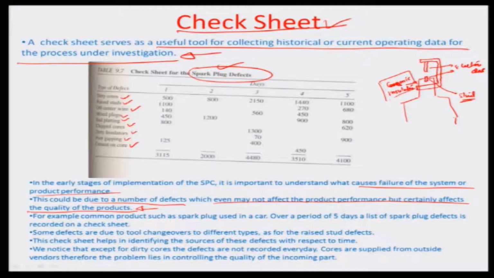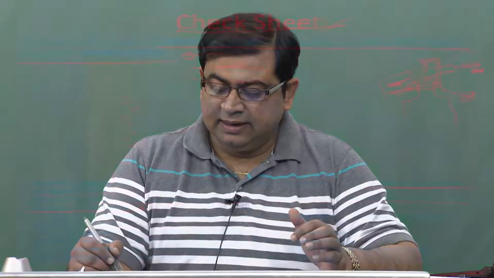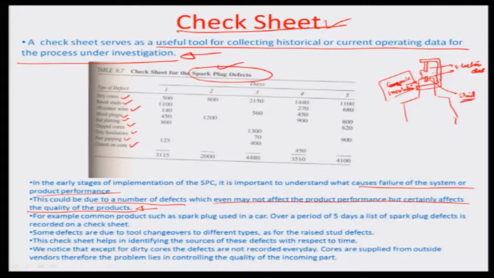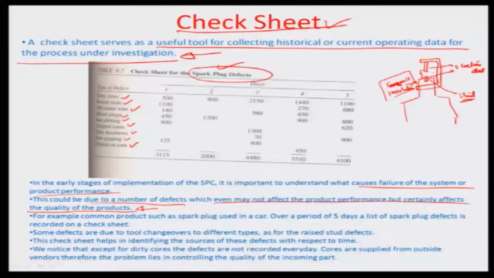There can also be a poor gapping, that means the gap control here as you are seeing between the electrodes may be not appropriately produced, or then there can be some kind of cementing on the core. There are many adhesive cements which are used for putting together the core of the particular spark plug, so that can be one of the reasons. So all these different aspects are the different types of defects which are produced while manufacturing these spark plugs.